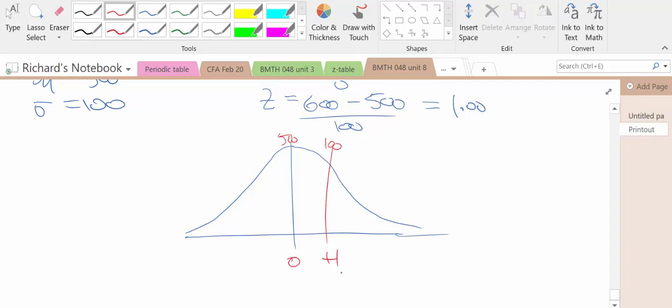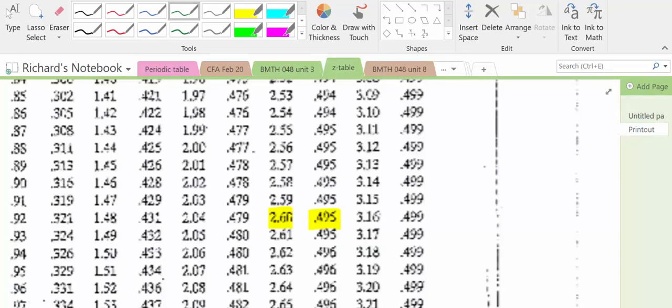So that's 0, that's plus 1. What this means is that 34.1% of the scores are between 500 and 600, looking at my picture. So this is 34.1%. How do I know that? I'm going to look on my Z table.